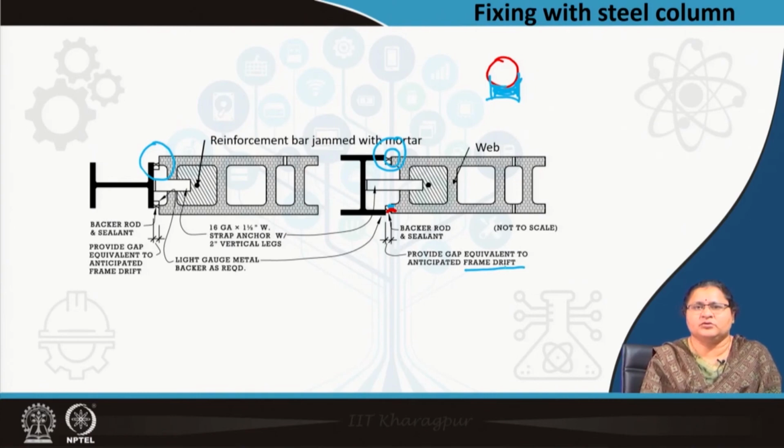It will allow any kind of movement, expansion, thermal movement, sway. This sealant and backer rod will be the cushion, and at the same time it is giving a water seal. So, no water can enter inside.